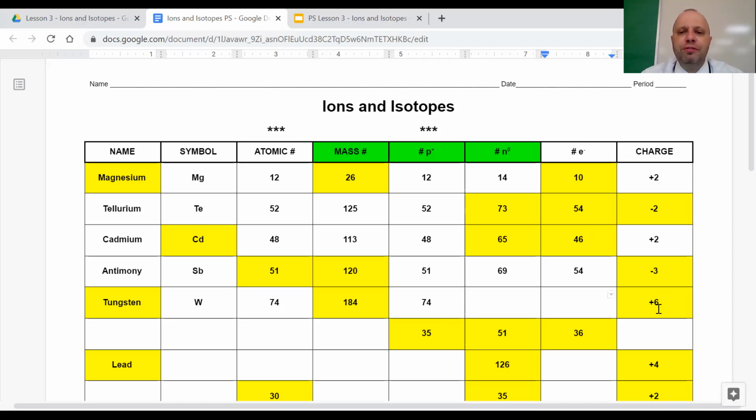I have a positive charge by 6. So that means I have 6 more positives than I have negatives. So if I have 74 positives, I have to subtract 6 to get 68 negatives. And then finally, for the last part, what number plus 74 will add up to give me 184? That number is 110.